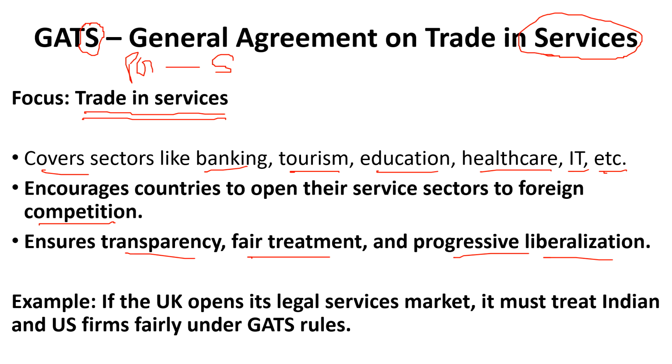For example, if the UK opens its legal service market, it must treat Indian and US firms fairly under GATS rules. So anyone who violates the rules will be punishable under the General Agreement on Trade in Services. Understanding? So there should be a free flow of trade in services according to the General Agreement on Trade in Services.